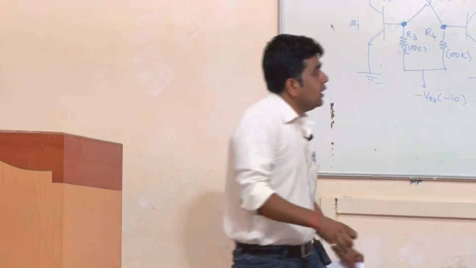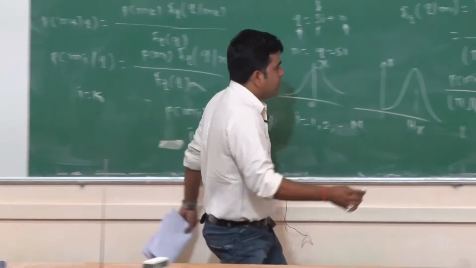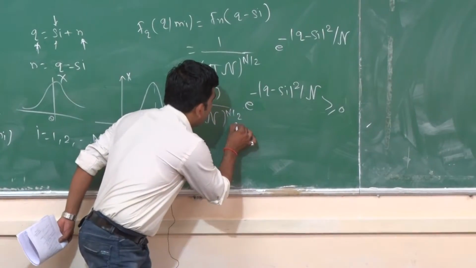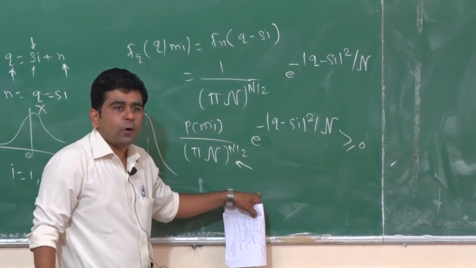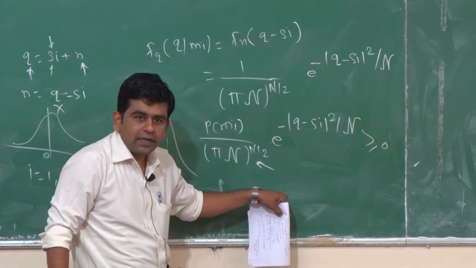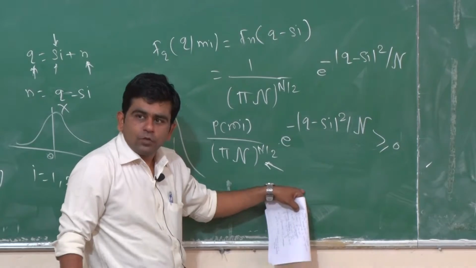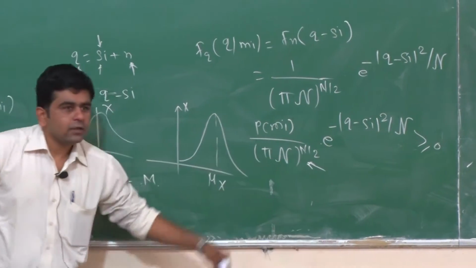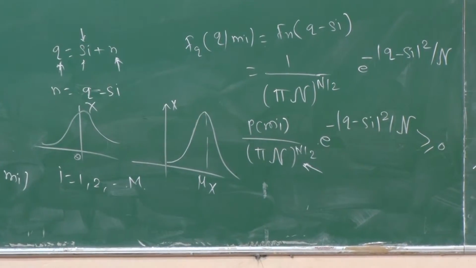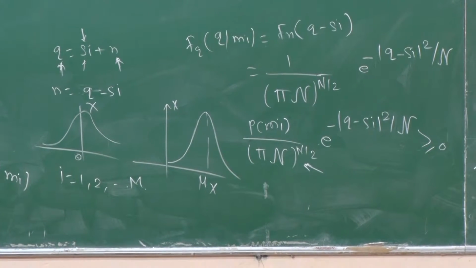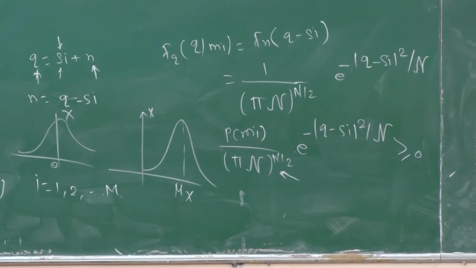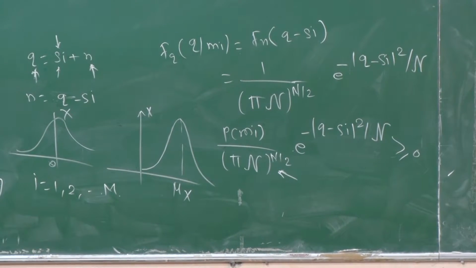Here, the quantity pi into italic N raised to n by 2 is common for all m. So write down that this quantity is common for all i. Therefore, we ignore this quantity.